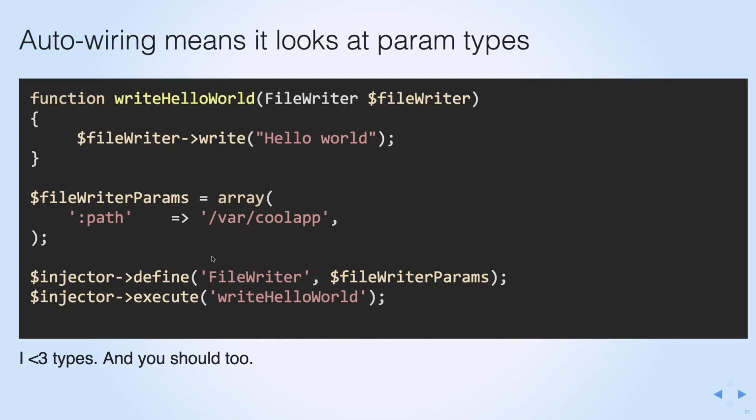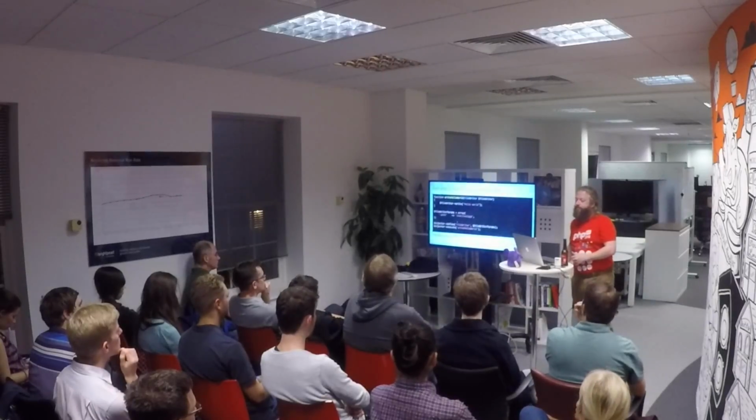We tell Auron how to create file writer objects, and then when we tell Auron to execute the write hello world function, it looks at the parameters that function expects, sees that it needs a file writer object, goes away and creates that object, and then passes it in as the parameter when the code is executed.